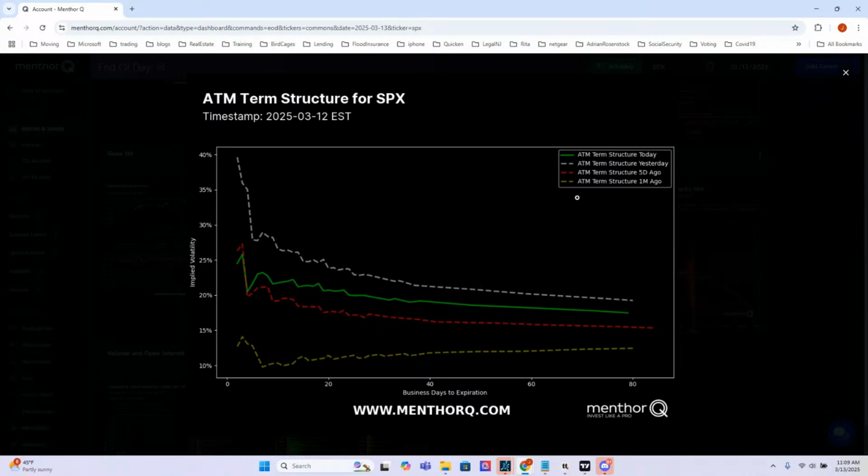You can see that relative to yesterday, we're lower, but relative to a month ago, we're higher, which is sort of obvious, I guess, if you follow the market and you watch the VIX, you could see that the VIX has just been increasing.